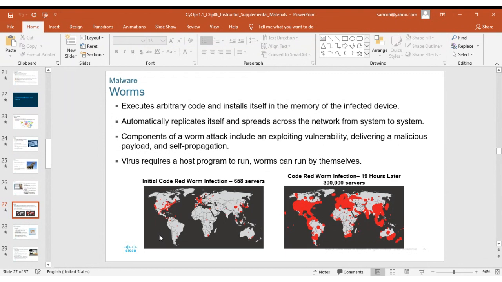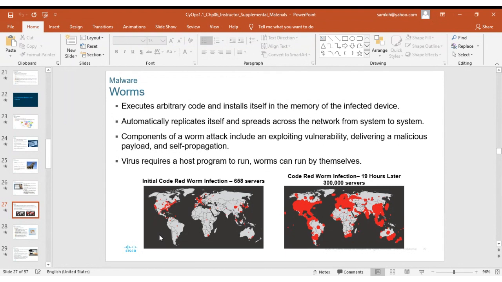So it's normally a worm, because worms normally stick themselves into the memory. Basically a virus requires a host program to run, and worms can run by themselves. Just know that worms can run by themselves.